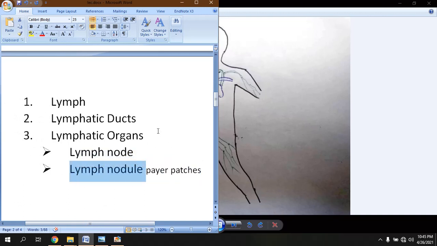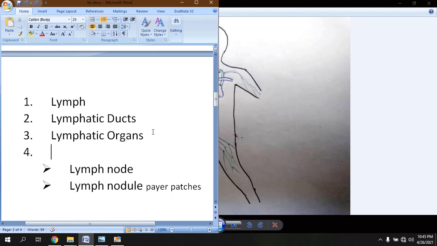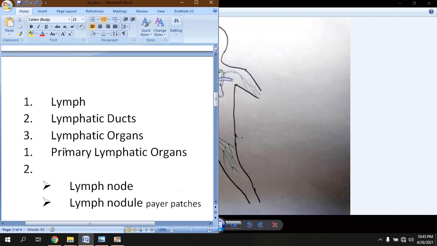I will show you in detail that there are two main types of lymphatic organs. Number one, the primary lymphatic organs, and number two, the secondary lymphatic organs.